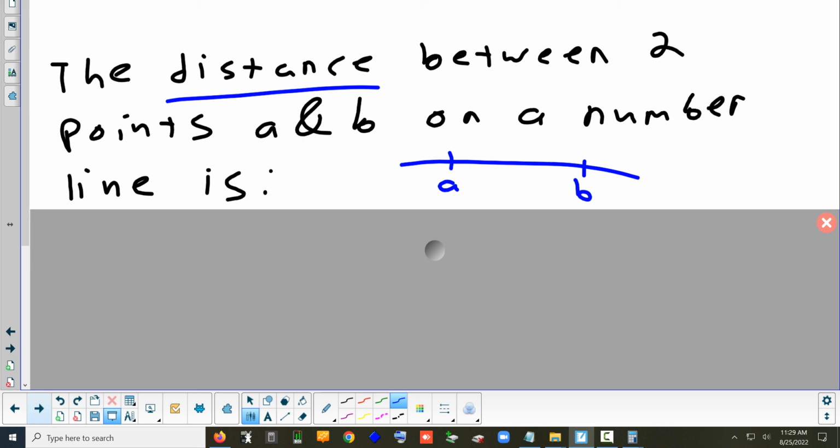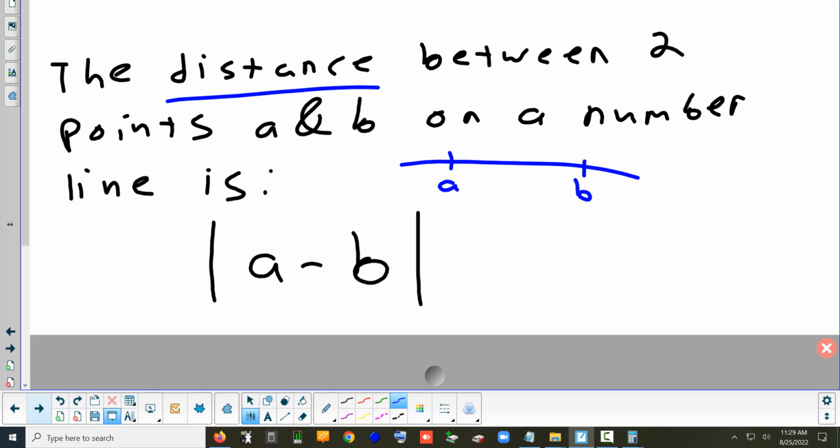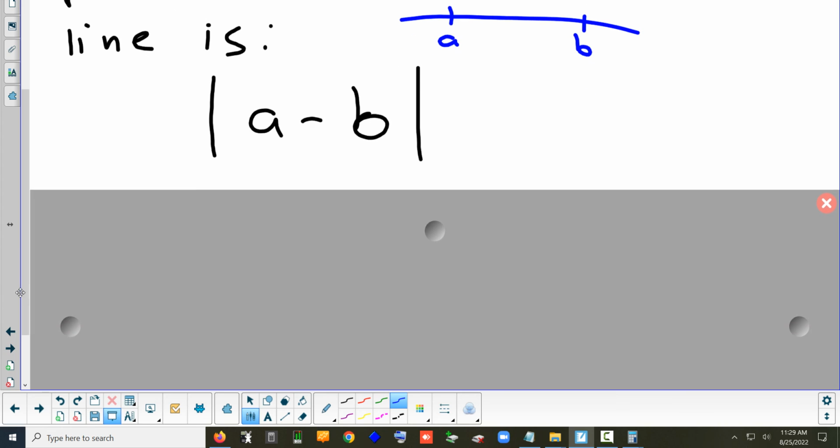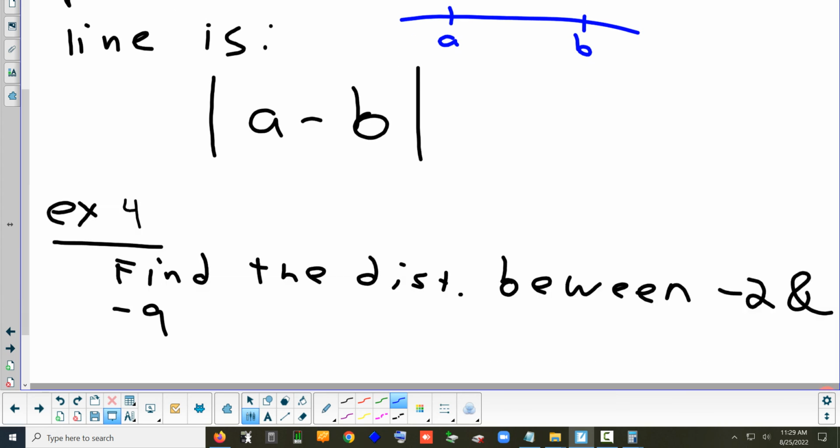Because people say, well, if you do subtraction, the order matters. It does, but if you take the absolute value, it doesn't. So you can subtract A minus B or B minus A. If you take the absolute value between the two, you'll get the distance. So if I wanted to write down how to find the distance between -2 and -9, what would I write down for a calculation?